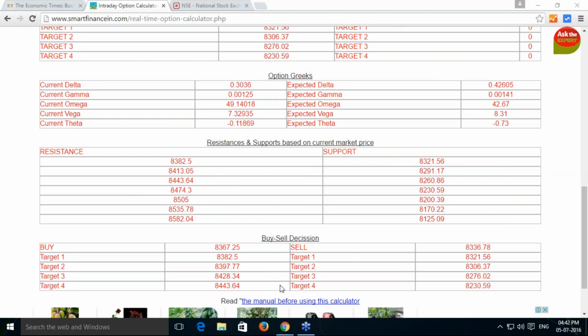If a downtrend starts at 8337, it has the potential to go till 8230. If an uptrend starts at 8367, it has all potential to go to the 8445 level. So this is how you get the buy sell decisions, trends, resistances and support based on the Gann trendline method.